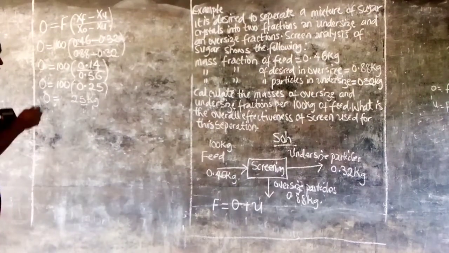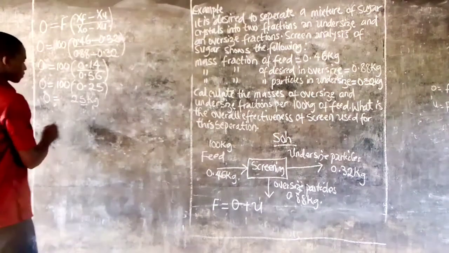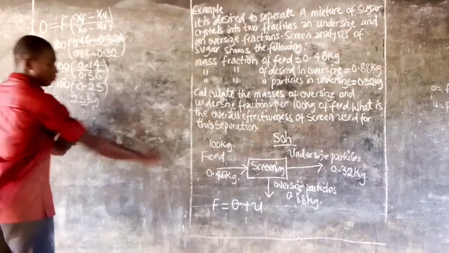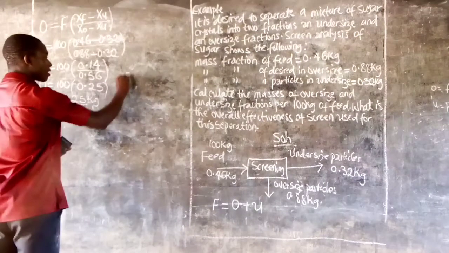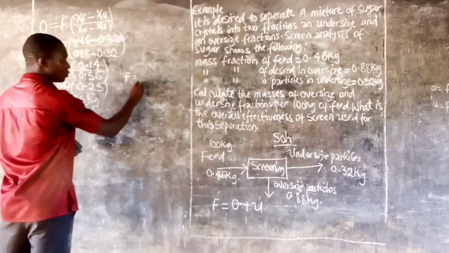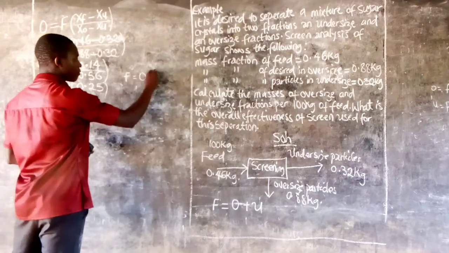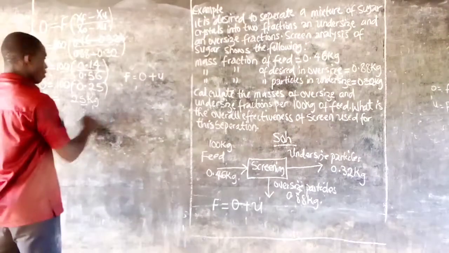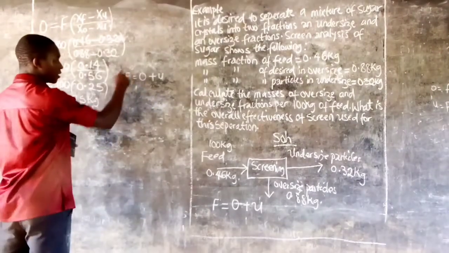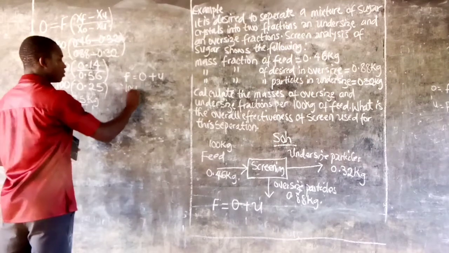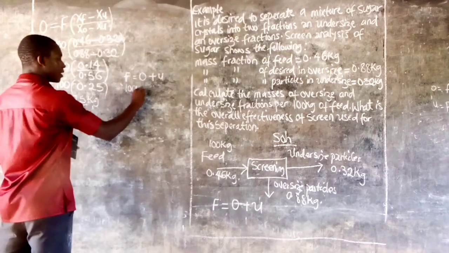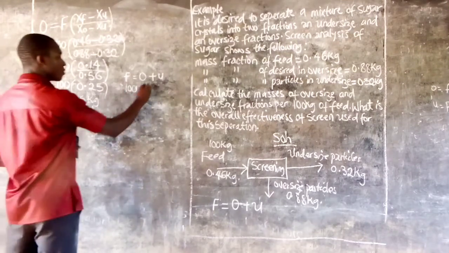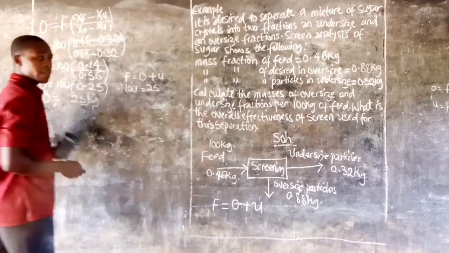But okay, for example, let's say that we're using that formula, we have that F is equal to oversized plus the undersized material. The amount of the feed is 100, okay? And then we have our oversized material to be 25 kg.